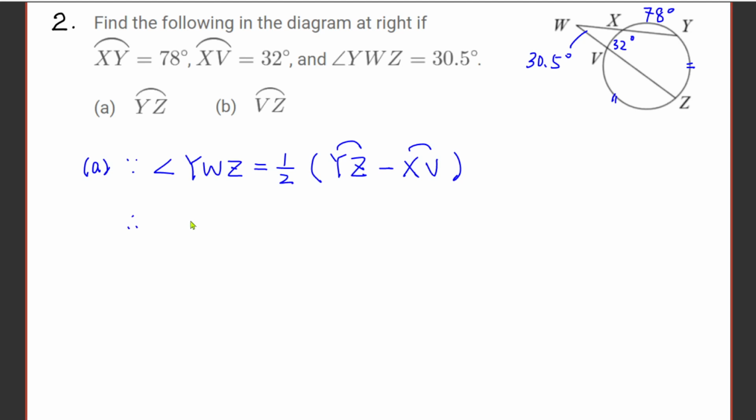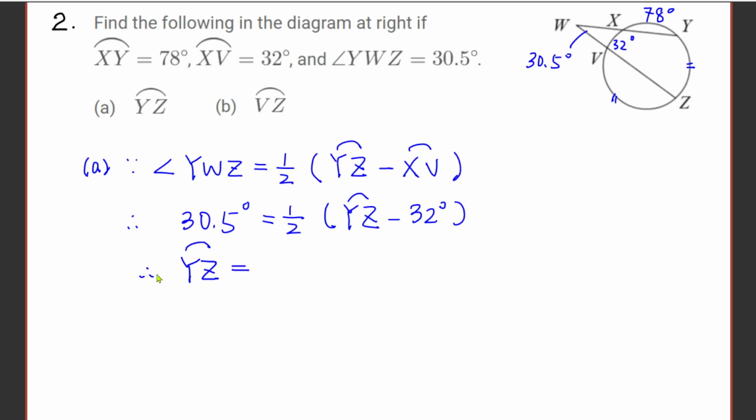We have 30.5 degrees equals 1/2 of YZ is unknown, and we know XV, right? And then we can find the arc YZ, which is 93 degrees, right?